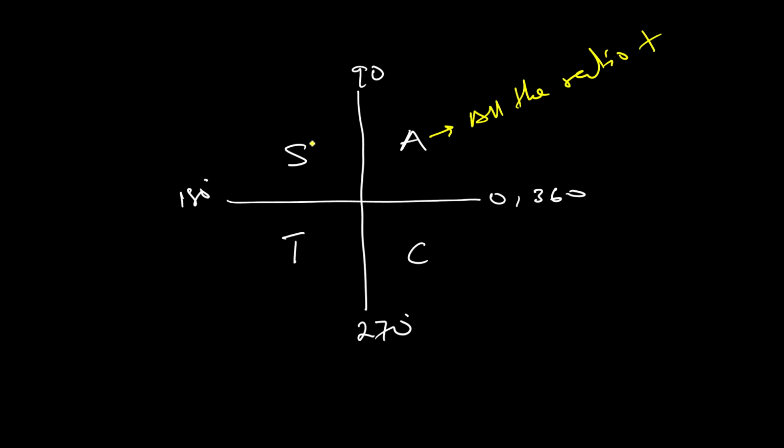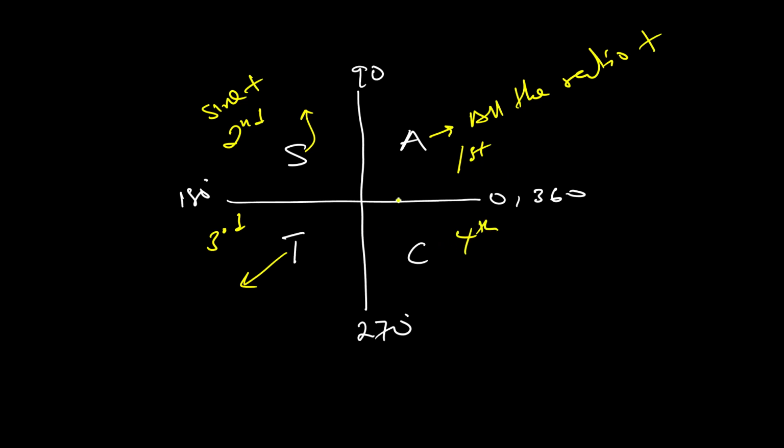From 90 to 180 is for only sine. So only sine is positive in this quadrant. In case you are given a question and it falls here, only sine will be positive. Tangent will be negative here, and cosine will also be negative in this quadrant. Now come to the third quadrant. This is the first, second, third, then the fourth.